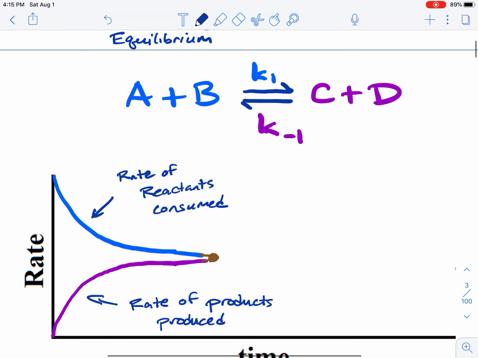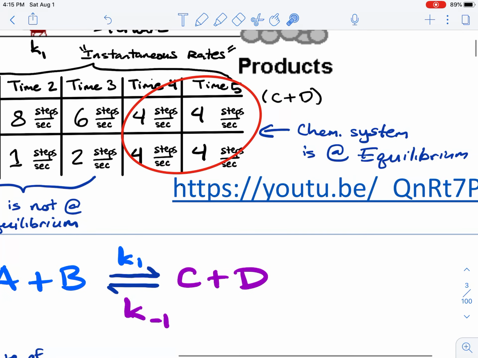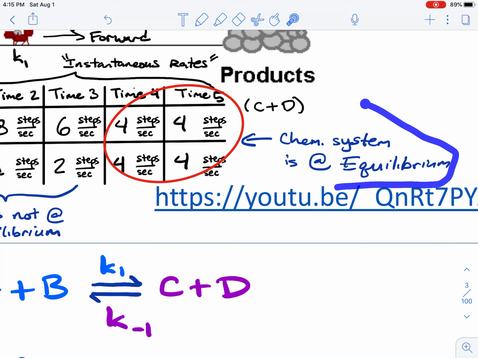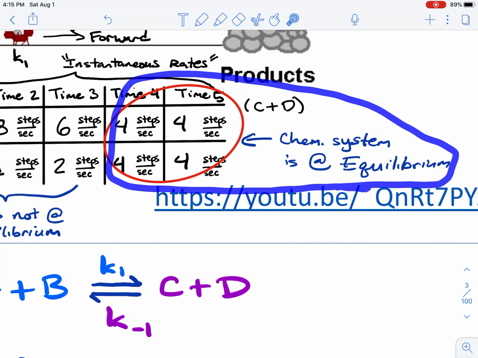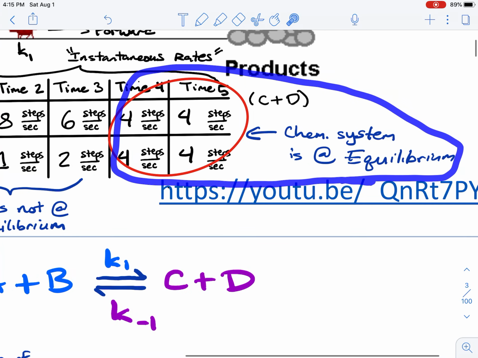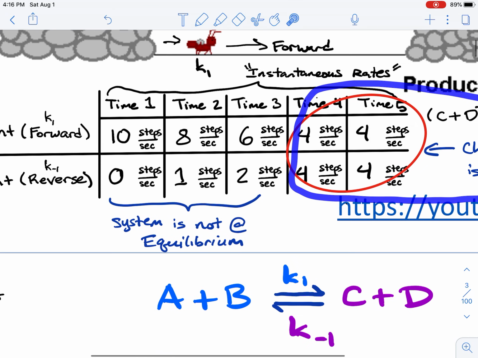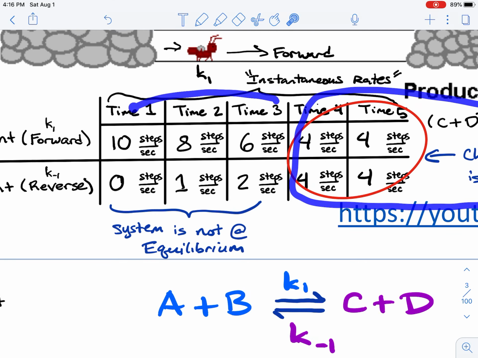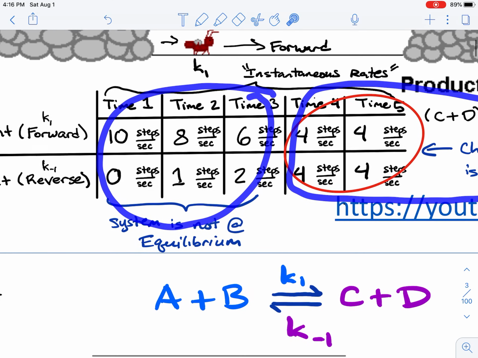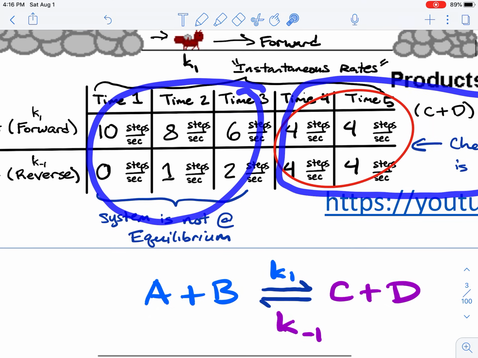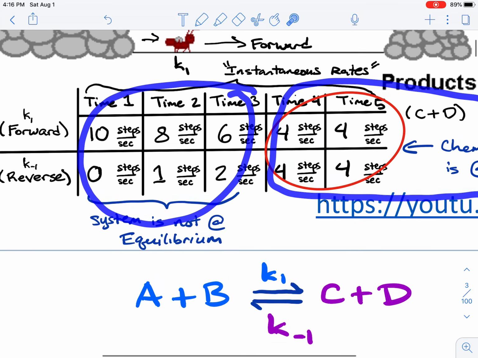And so remember that the definition of equilibrium only describes what the rate of the forward and reverse is when it has achieved equilibrium. It does not describe anything about how or what the rates look like before equilibrium has been achieved.